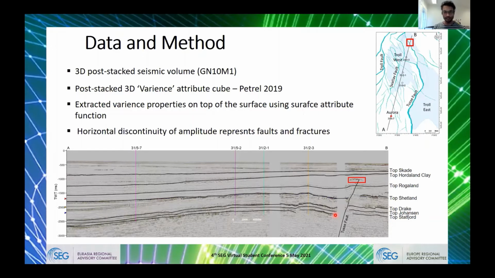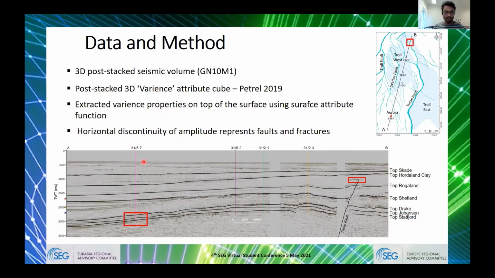You can see here that this seismic section is actually A to B. For your reference, this is that gas chimney effect with the Tusse fault. I chose overburden surfaces: top Shetland, top Rogaland, top Balder, and top Utsira. I interpreted these horizons and generated the time surfaces. When my 3D variance cube was ready, I extracted variance properties on top of those surfaces using the surface attribute function.